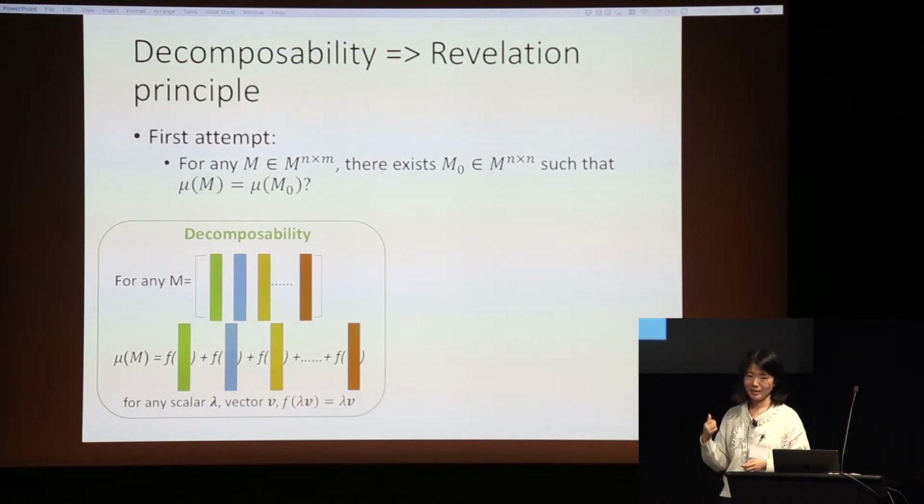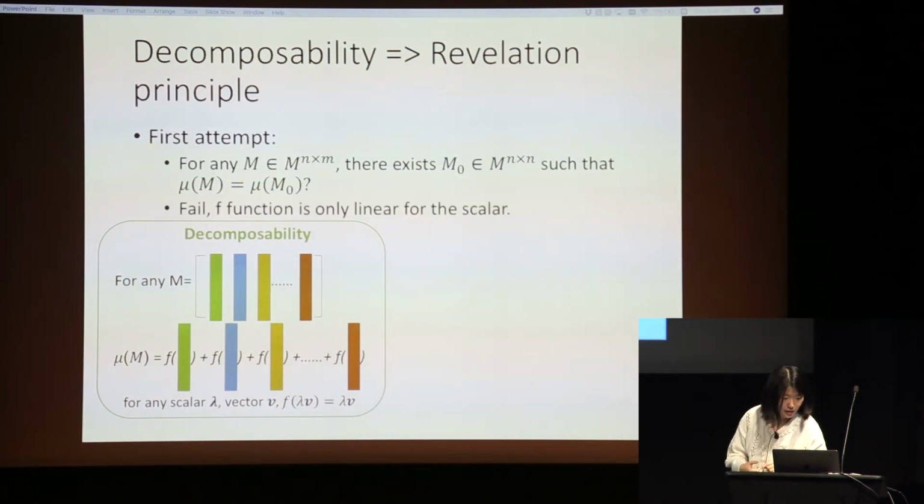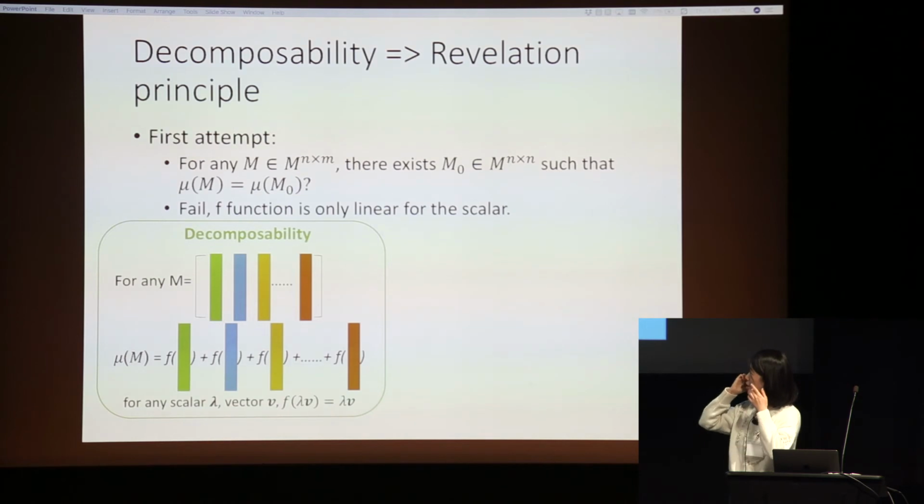But it turns out this statement is actually not true, because the small f function is very complicated. It's only linear for the scalar. So we cannot prove this result.